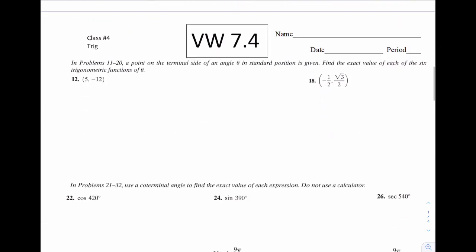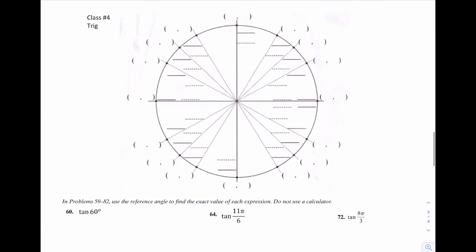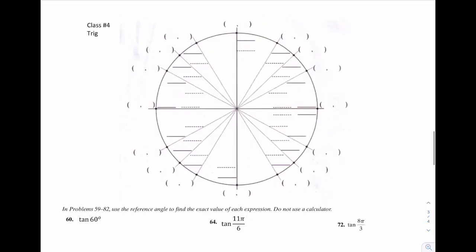Okay, now you're going to work on the next problems. Once you're done, we'll start right here. So for this next part, we're going to do the tan values. So in our last class, we covered the sine and cosine values.